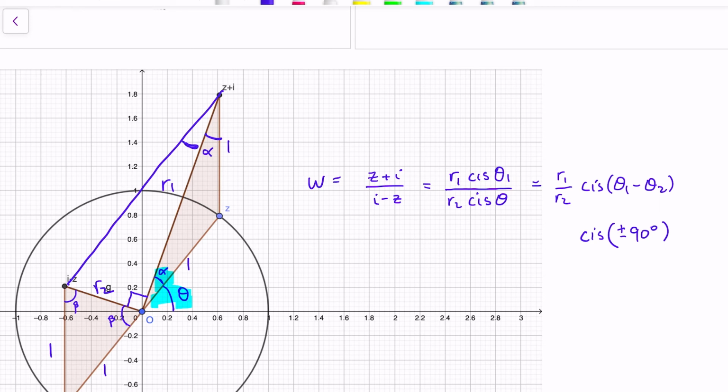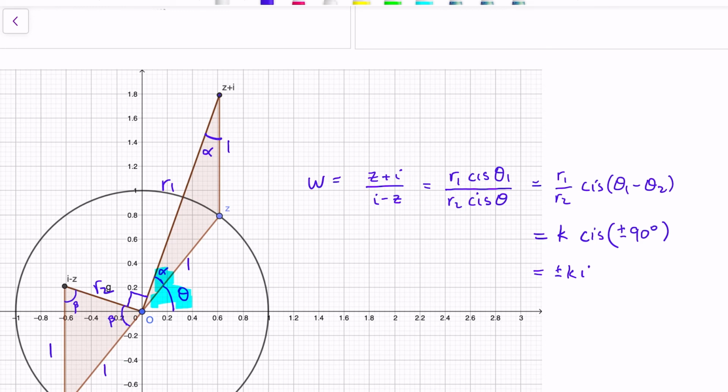But actually, to solve this problem, I don't need to know what the value of r1 over r2 is. All I need to know is that it's a real number, because a modulus is always real, divided by another real number. So it's something like that. And cis of 90 degrees, or cis of negative 90 degrees, one of them's i, the other's negative i. So we've got plus or minus ki, some real number times i. In other words, it's purely imaginary.